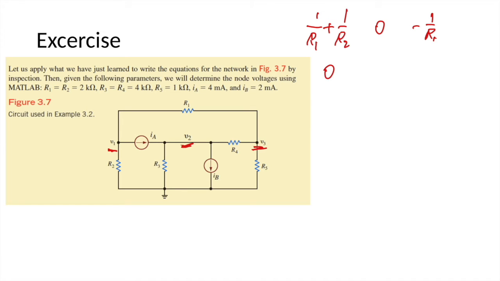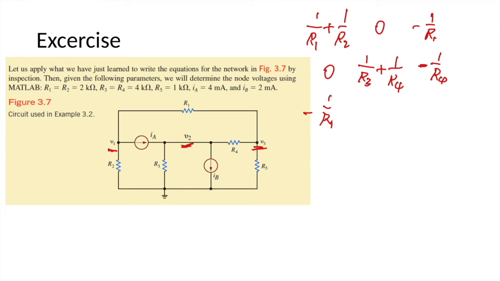And for node 2, the R3 and R4 is connected to node 2, so that is 1 over R3 plus 1 over R4. And between node 2 and node 3, we have R4, that is the negative 1 over R4. And G31 equals G13, negative 1 over R1.